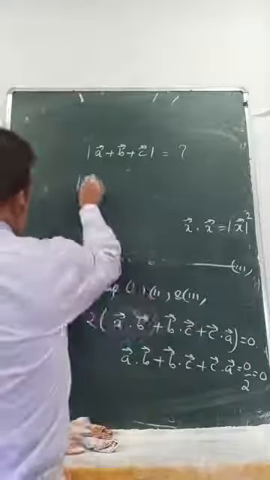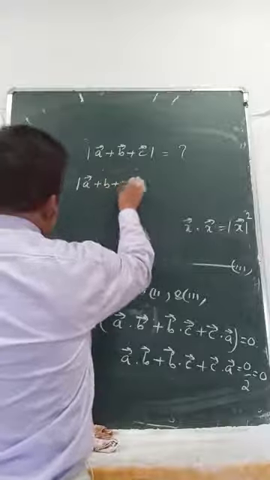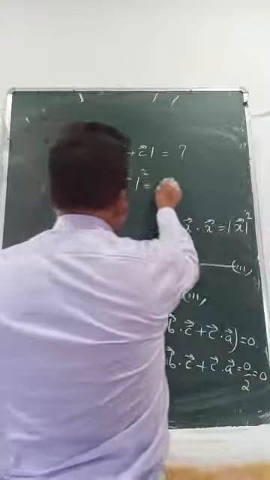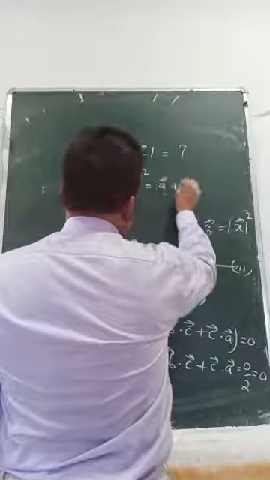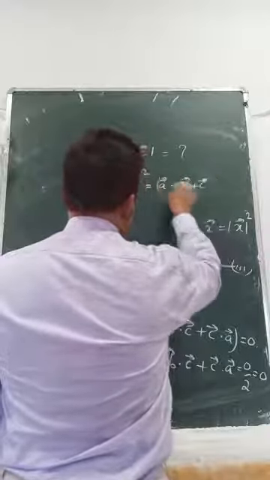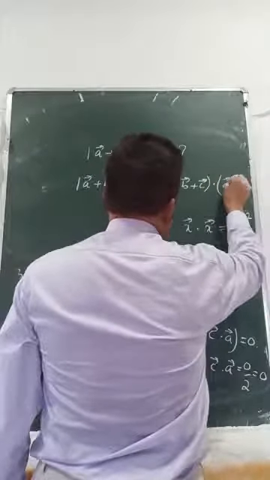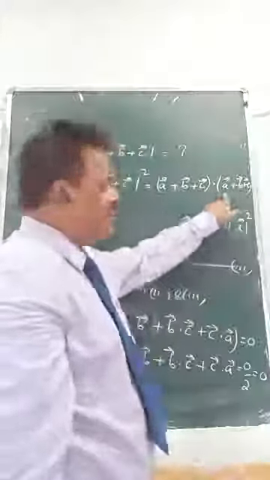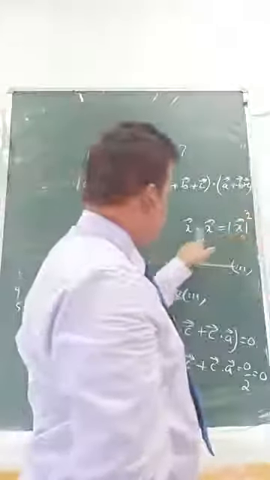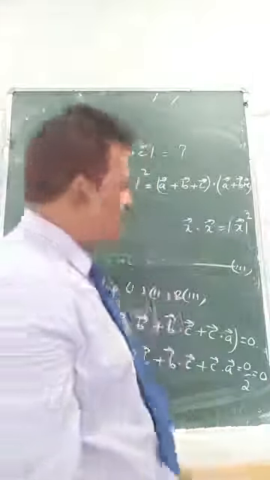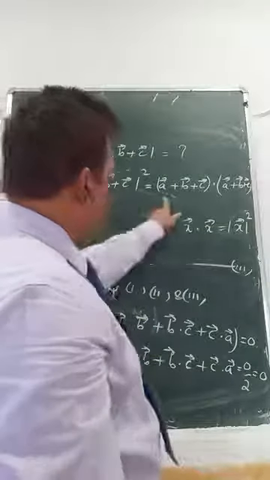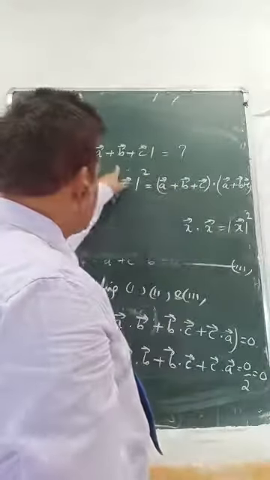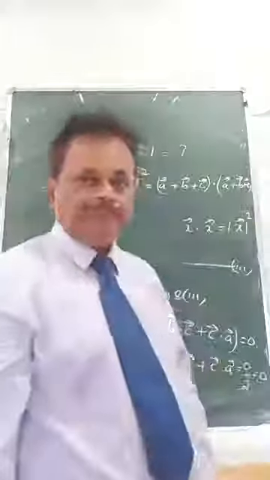Then I can write mod A plus B plus C whole square as (A plus B plus C) dot (A plus B plus C). To get the dot product, I made it a square, because the square of the vector is the dot product of the two same vectors. First I find its value, then I take the square root, so that you will get this value. Unless you take a square, you cannot convert it into a dot product. So I have started with square.